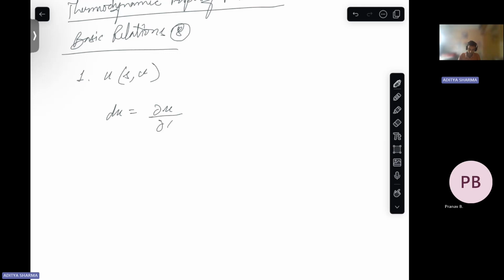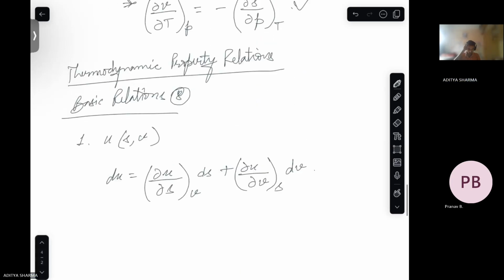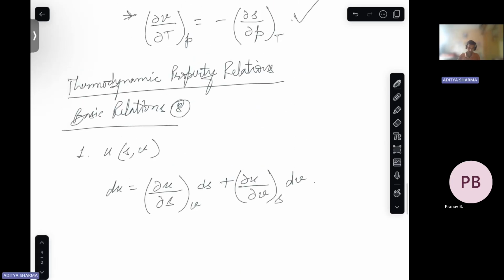We can split it this way, right? Now, how do we get these 8 relations, right? So I'll write it this way. I'll write another 3 exact differentials, okay?